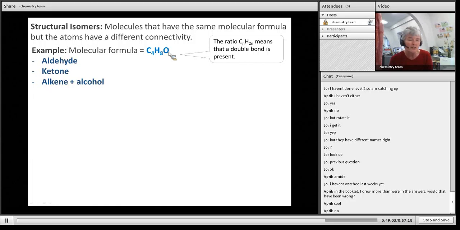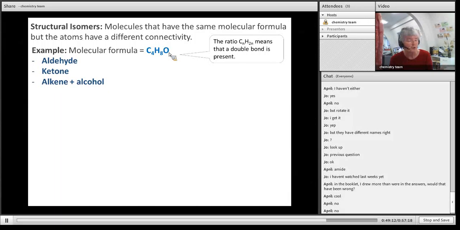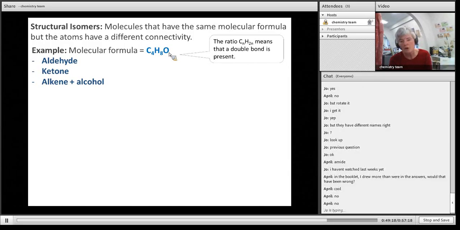Could I draw an ester? No, you're correct, you can't, because an ester has a C double bond O, and then it has that OR group as well, so it needs 2 oxygens too. So if you get a formula and you know it's got a double bond present, that's fine.